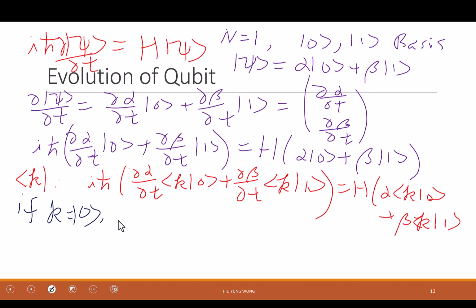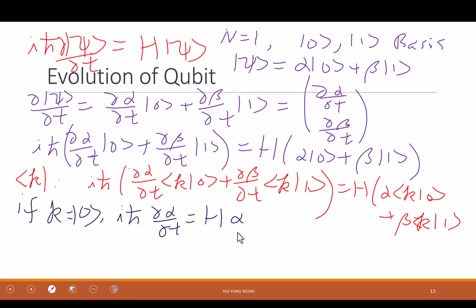Then I get i h bar partial alpha partial t. 0 inner product 0 is what? 1. Very good. Equals h alpha, because this term is gone. 0 inner product 1 is gone, and 0 inner product 0 is 1.